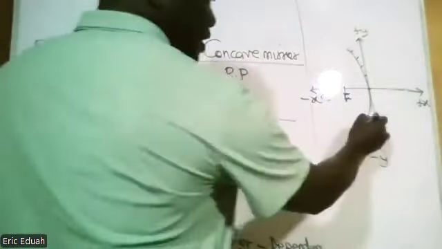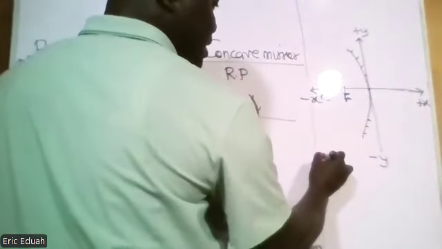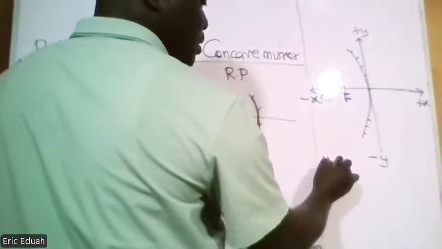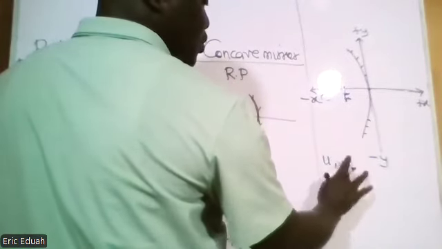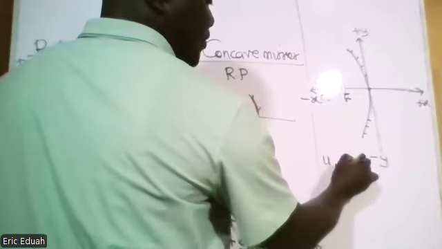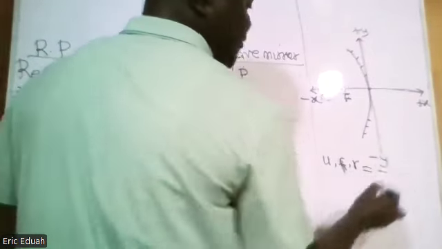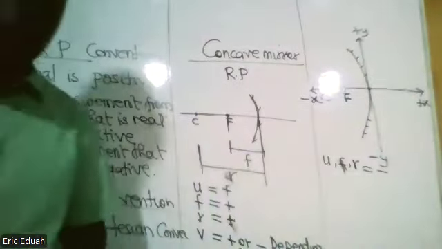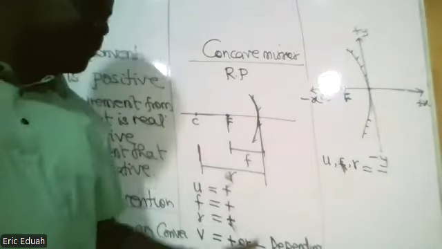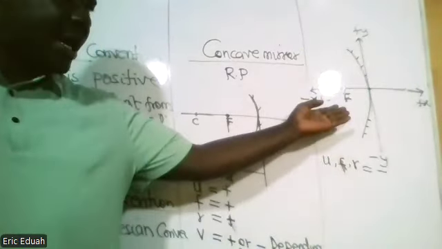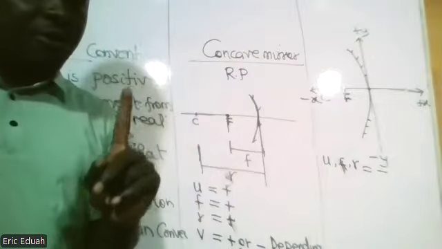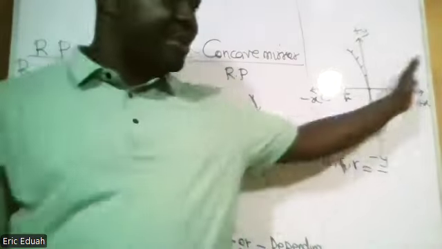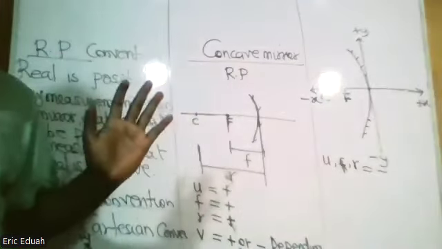So under this convention, both U and R will be negative, because they will all occur in front of the mirror. Don't forget, any measurement behind the mirror is virtual.